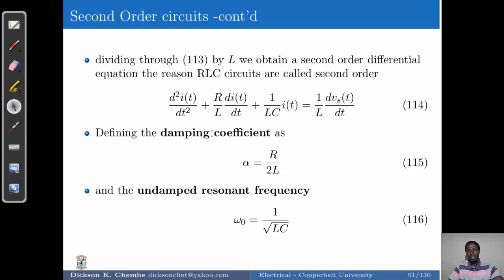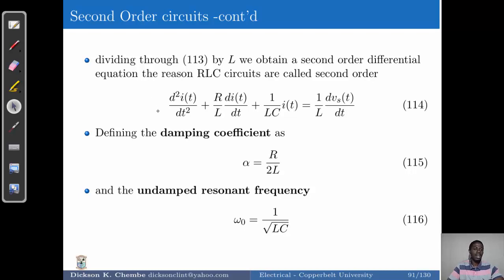Then we incorporate terminologies that assist us in simplifying these second order differential equations. One is the damping coefficient, alpha, equal to R over 2L, and then we've got the undamped resonant frequency, omega naught, which is 1 over the square root of LC.